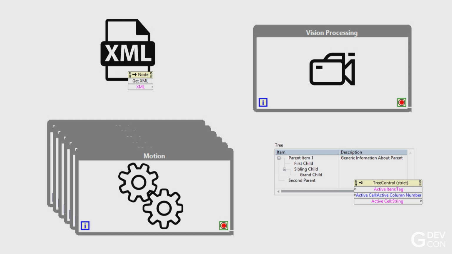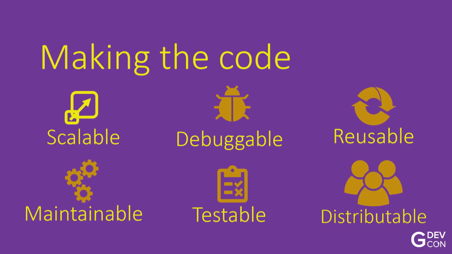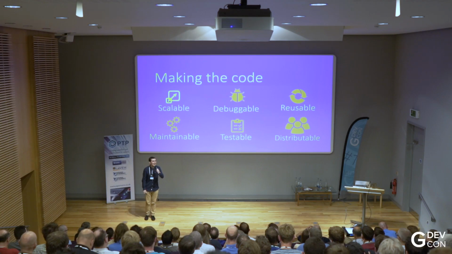So when I'm developing software at Scientifica, I need all of my code to be maintainable, scalable, debuggable, reusable, distributable. And as a CPI, if I've ever taught you before, you've heard me say all of these things several times, as you would have done if you've been to any NI course.